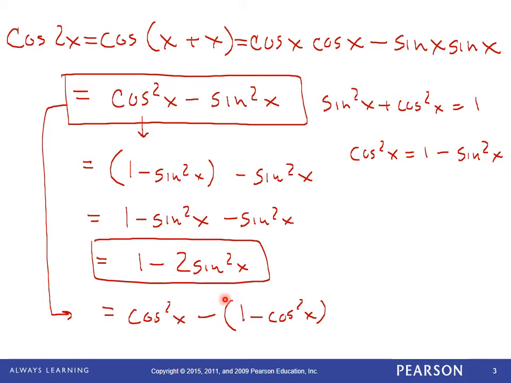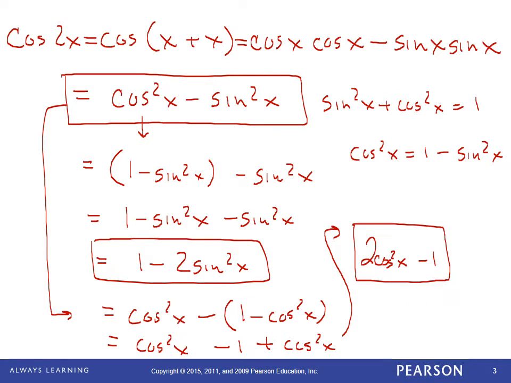In this case, when you drop the parentheses, you better multiply in that little negative. So when you do that, you get yourself a negative 1 plus cosine squared x. Combining this together, particularly the cosine squared x's, sorry, running out of room on the slide here, we get 2 cosine squared x minus 1. So there it is. Those are 3 formulas there.